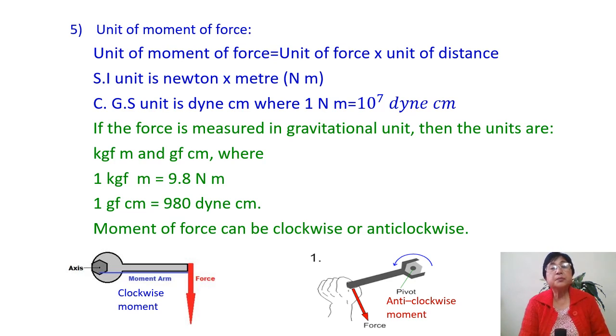Now, if the force is measured in gravitational unit, that means the unit in force of gravity, then the units are kilogram force meter and gram force centimeter, where 1 kilogram force meter is equal to 9.8 Newton meter, and 1 gram force centimeter is equal to 980 dyne centimeter.